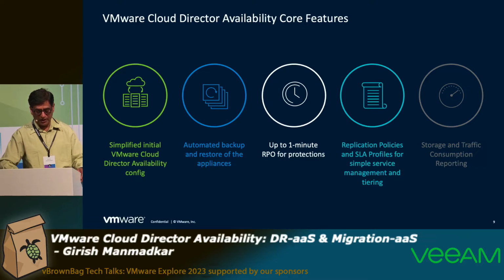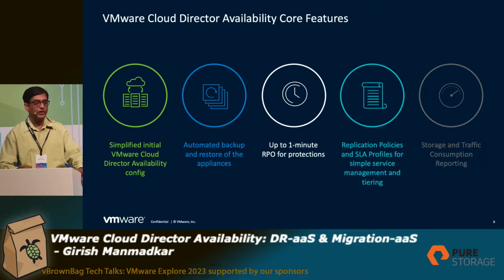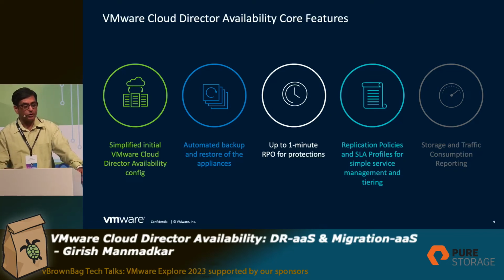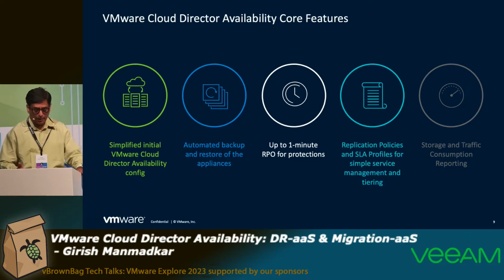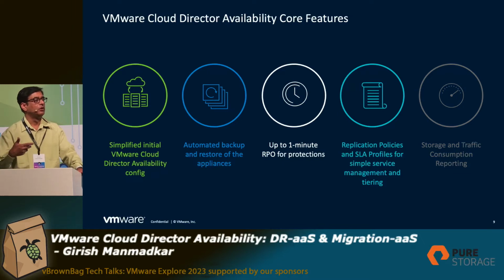Core features, as I said, it's more of a simplicity, providing ways to do an automated backup and restore of the appliances. So there are a few appliances that come along with this as a solution. There's a tunnel appliance and there's a Cloud Director Availability appliance. So we want to make sure that they are protected, they are backed up, and they are also able to restore back.